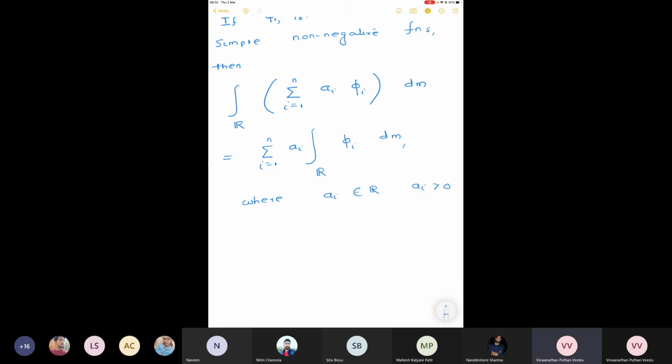So the integral of a linear combination of non-negative simple functions is equal to the linear combination of the integrals.